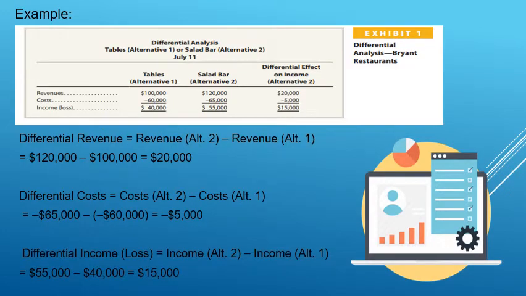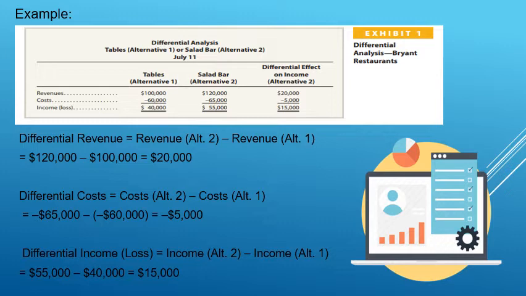We have here an example of differential analysis in Exhibit 1. It has 3 columns where the positive amounts indicate the effect to increase income and negative amounts indicate the effect to decrease income. The first column is the revenues, cost, and income for maintaining floor space for tables under alternative 1. The second column is the revenues, cost, and income for using the floor space for a salad bar under alternative 2.